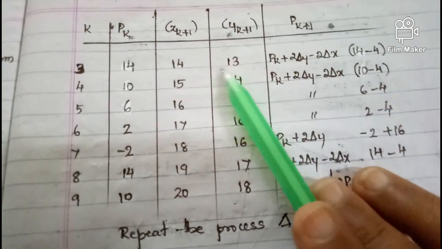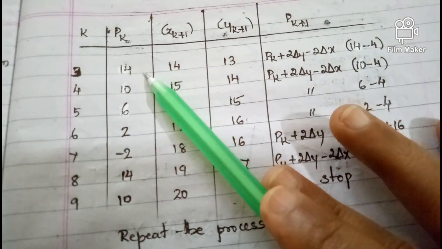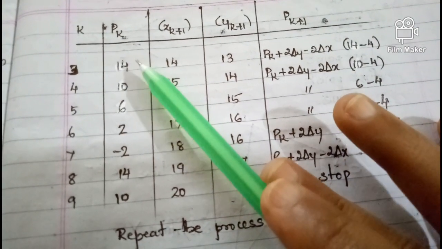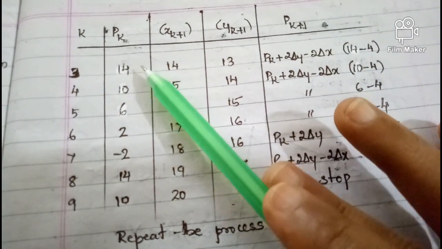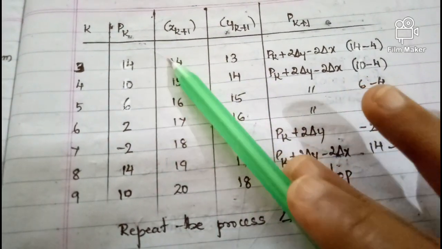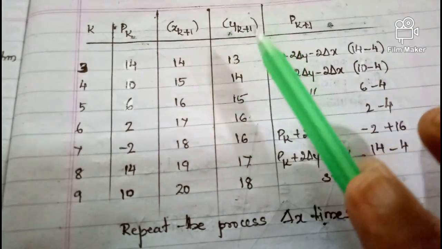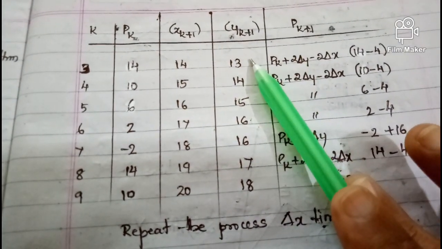So in this way, each iteration you have to find the value of pk. Depending on whether pk is positive or negative, you have to increment the values of x and y. If pk is positive, both x and y will be incremented. If pk is negative, only x is incremented, y is not incremented, y remains the same.